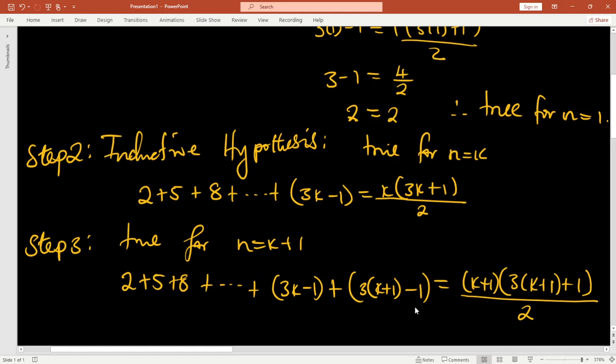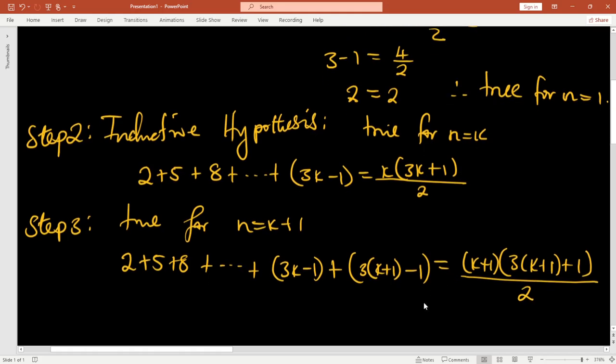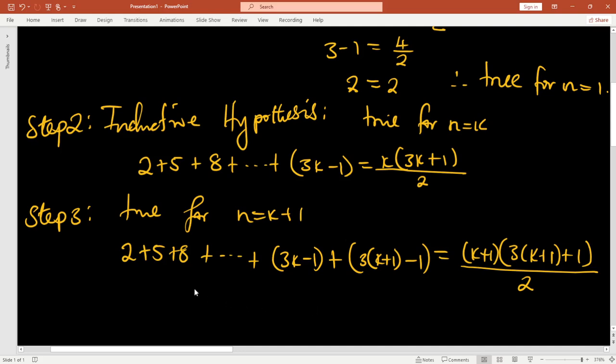Now our goal here is to show that the left hand side is equal to the right hand side here. Now before I start doing that, you notice that starting from the first term up to the k term here, it gives us the left hand side of the inductive hypothesis. Meaning that where there are these terms here, we substitute with the right hand side of the inductive hypothesis.